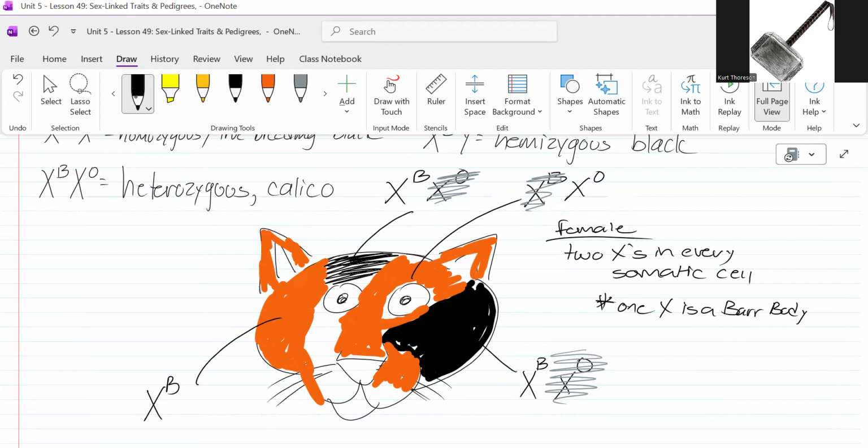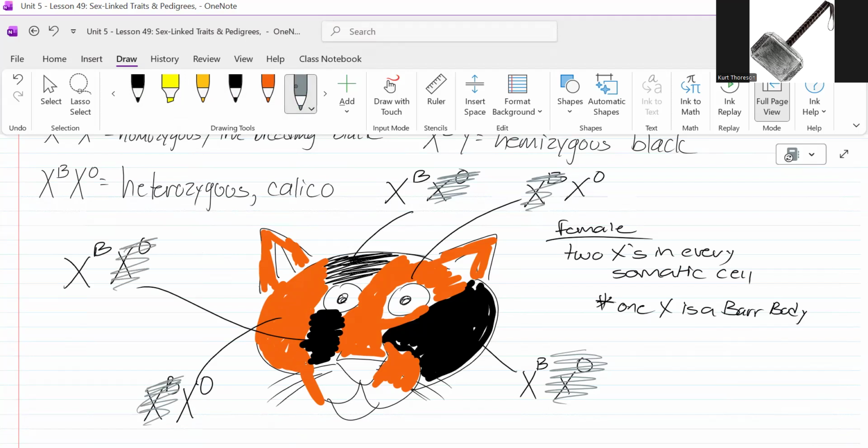Which one is the bar body? The X chromosome carrying the black gene. And then finally, let's say this little sliver here is black. Which X chromosome is the bar body? It will be the one carrying the orange.